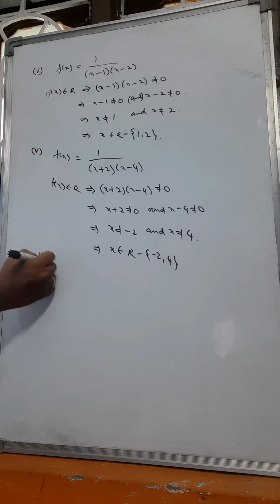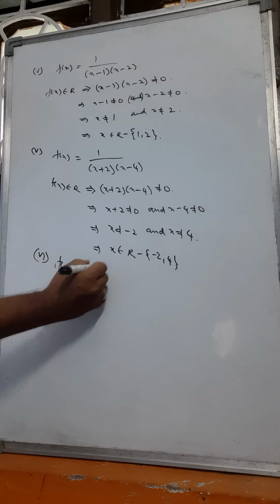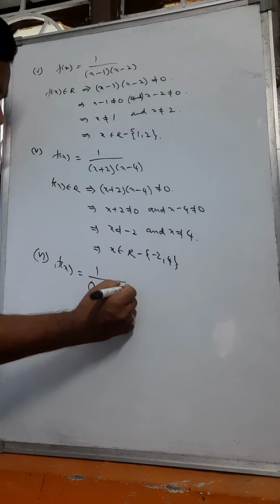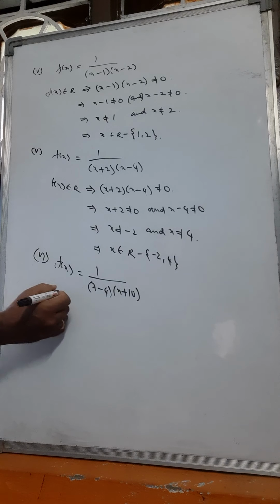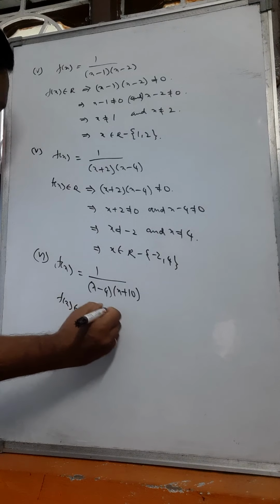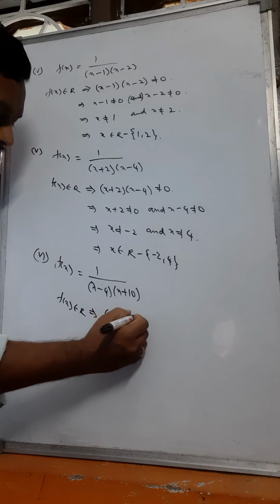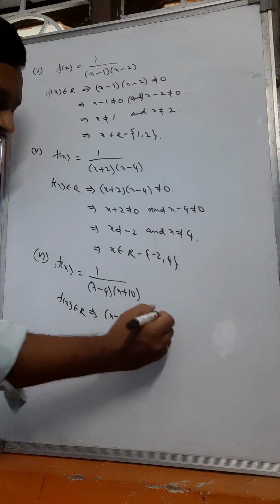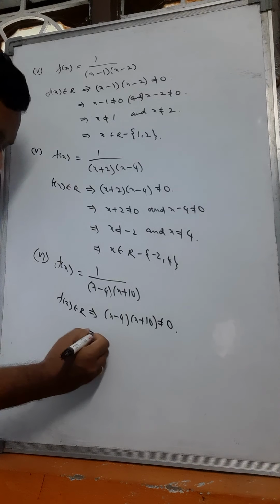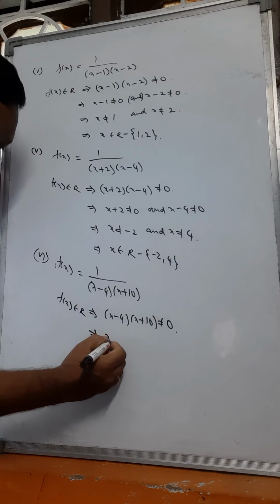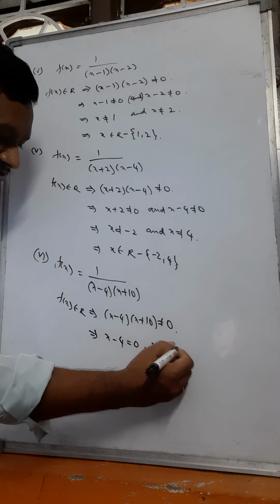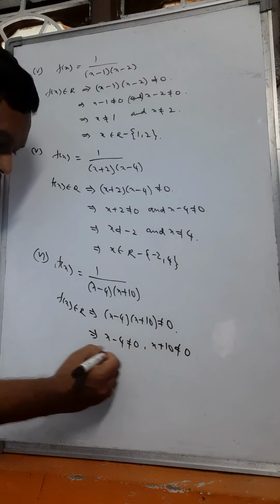Next, f of x is equal to 1 by (x minus 4) into (x plus 10). For f of x to belong to R, (x minus 4) into (x plus 10) is not equal to 0. So x minus 4 is not equal to 0 and x plus 10 is not equal to 0.